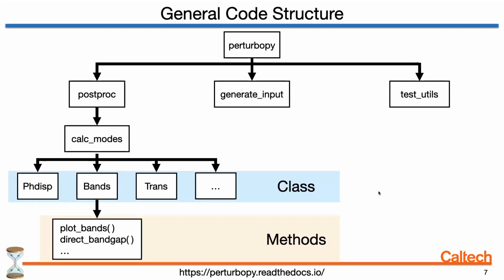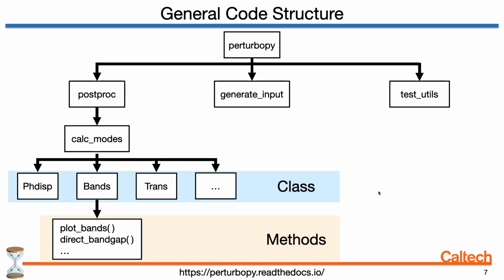Now we'll be talking about the general code structure of PerturboPy. There are three main features: the post-processing, the input generation, and the testing suite. For the post-processing, we have the calc modes feature, which is divided into several different classes, one for each available calc mode.